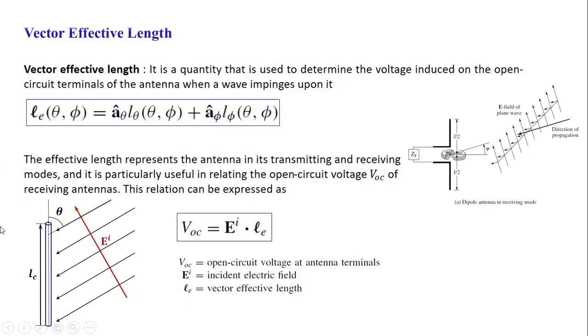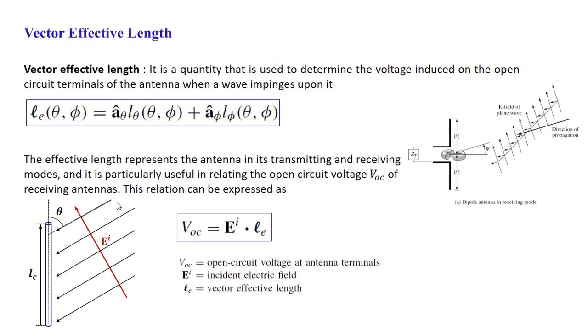Now let's consider there is a wire antenna on which this is the electric field that is incident, and this antenna is of length LC. The effective length of this wire is given by LE. Whenever this electric field is incident on the antenna, the voltage gets induced in the wire, right?